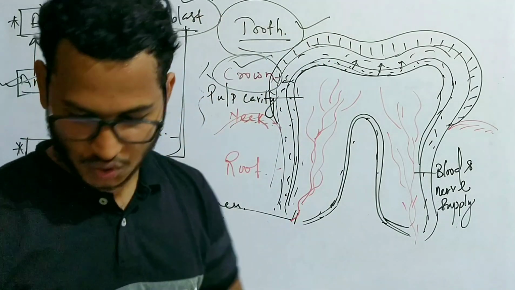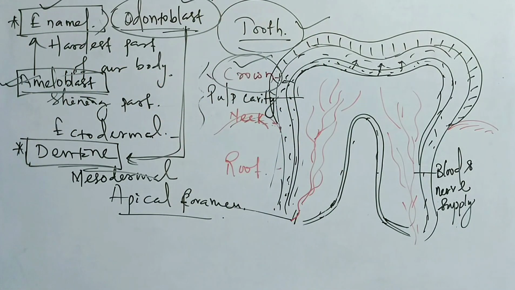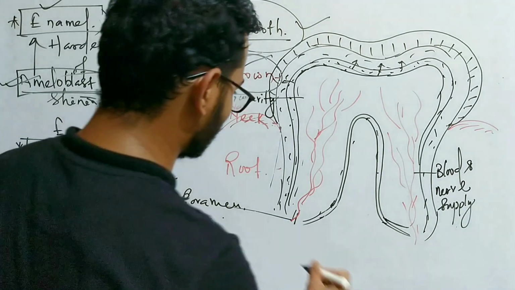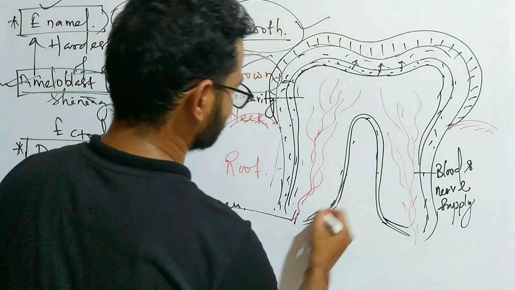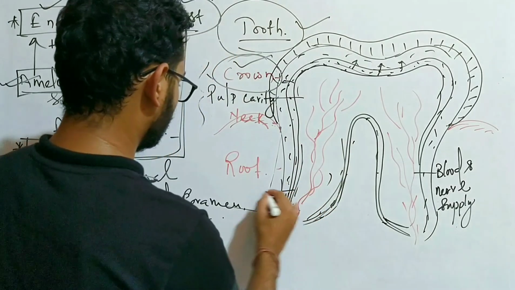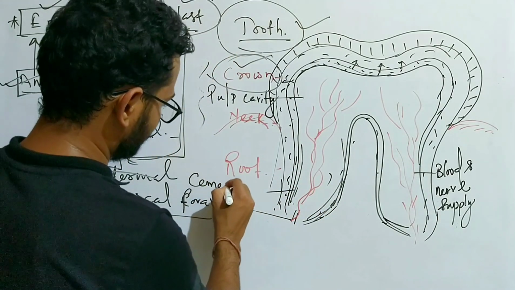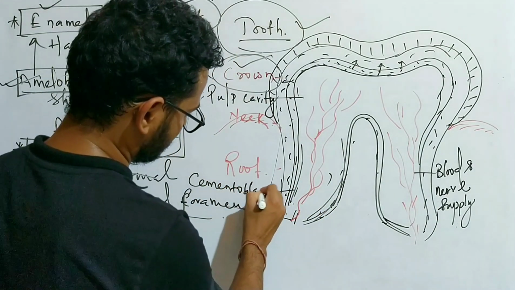Another layer is also here, the cementing substance. Remember, the root of the tooth is fixed to the jawbone by a layer of cement or the cementoblast. So it is attached in the root region. The layer is called cementoblast.